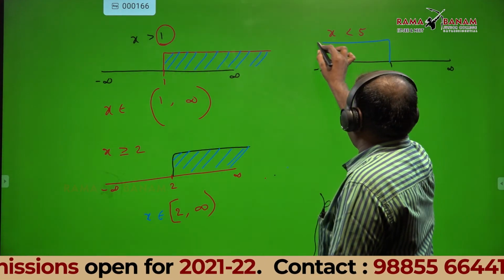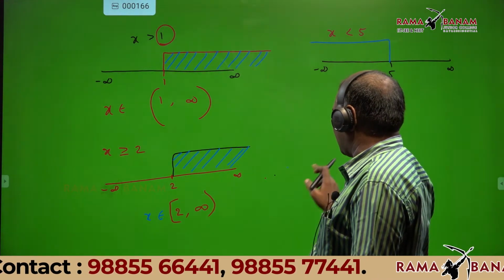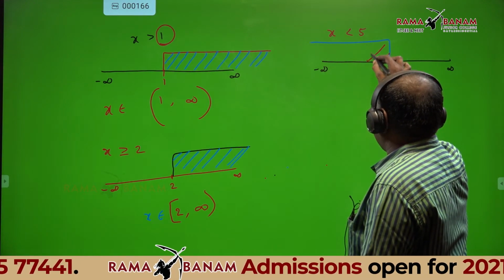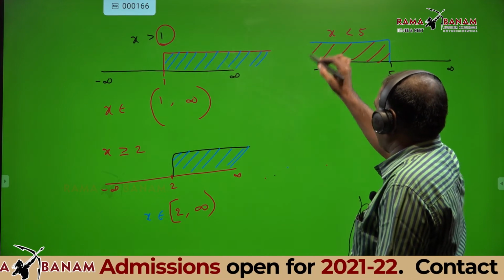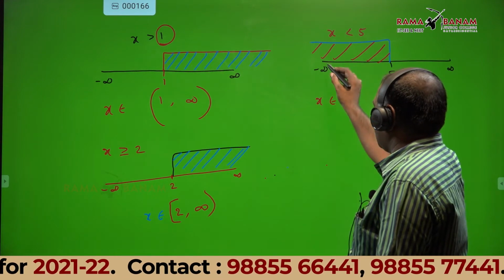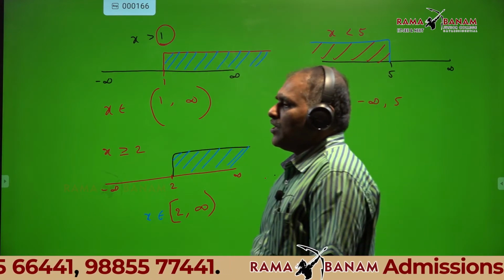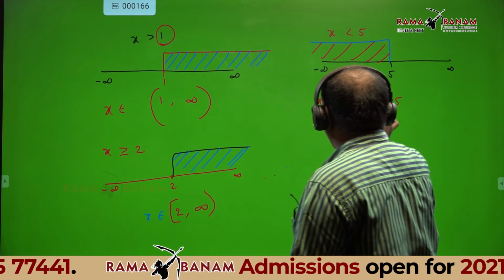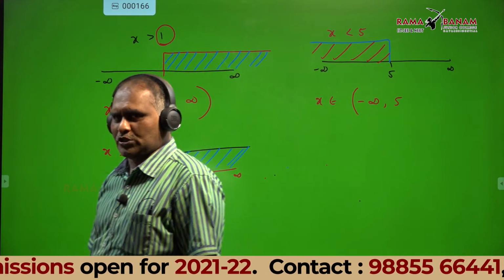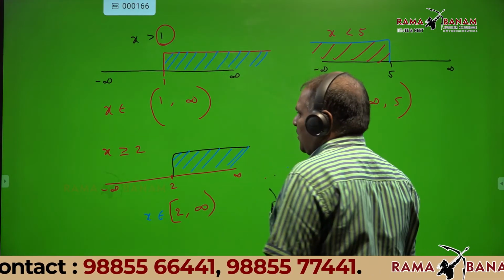This is the region, but the equal to sign is not there. So x belongs to, the beginning is minus infinity, ending at 5. Infinity is always an open bracket. What about at 5? Open or closed? Open, because the equal to sign is not there. Very good.